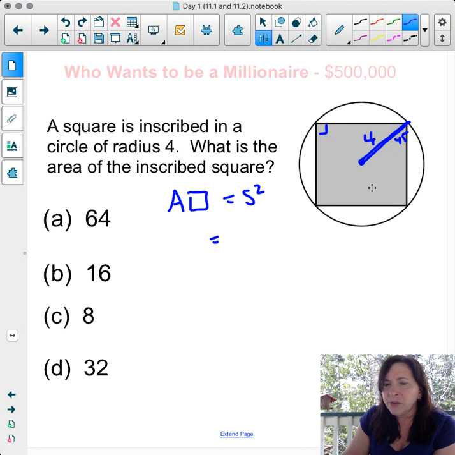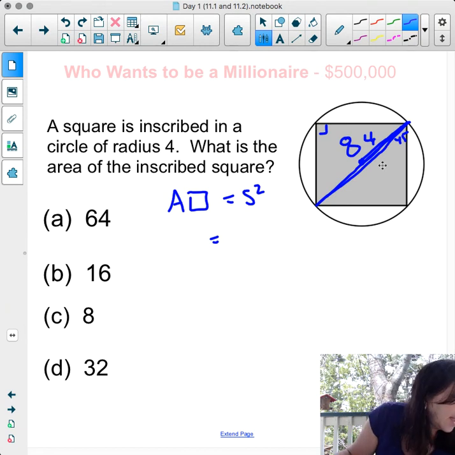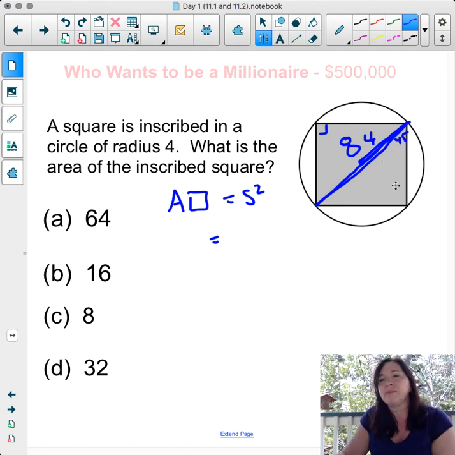So what we're going to do is continue this on to make this a diagonal of length 8. And so what that means is we know that that's a right angle also. This means this length is going to be 4 root 2 because this is a 45, 45, 90.